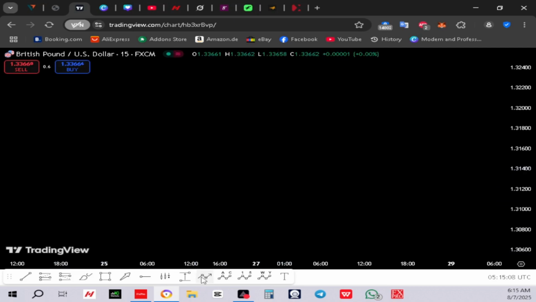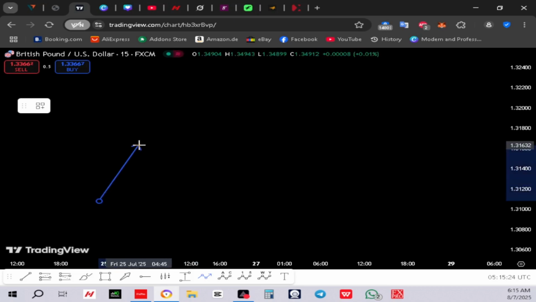Let me draw a bullish complex trend structure. If I say a bullish complex trend structure, I'm looking for the market to first be bullish, meaning heading in the direction of the buys.